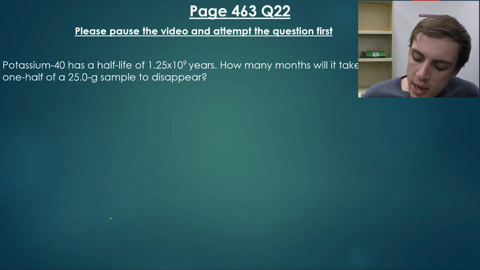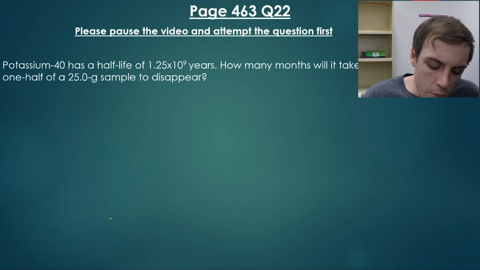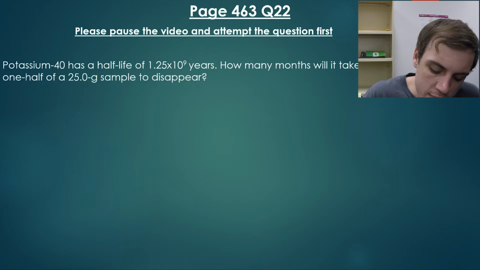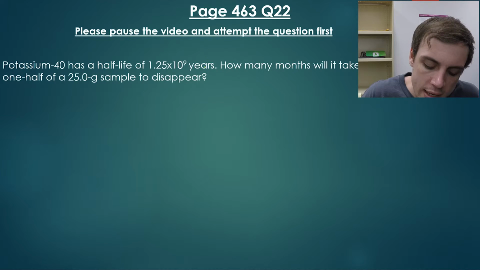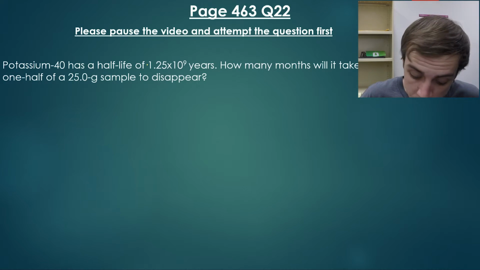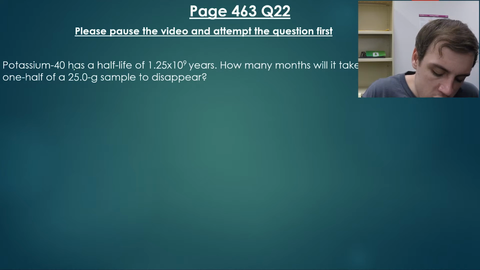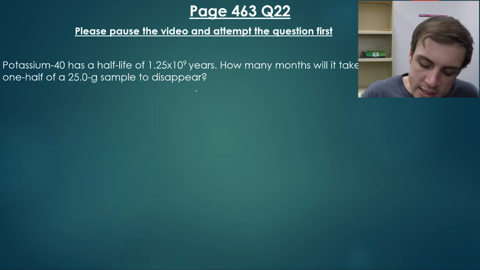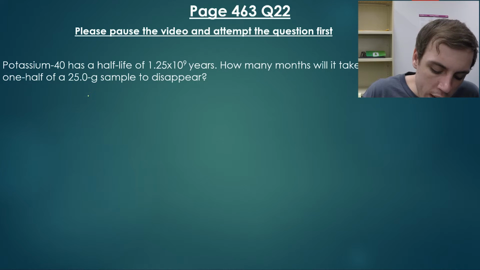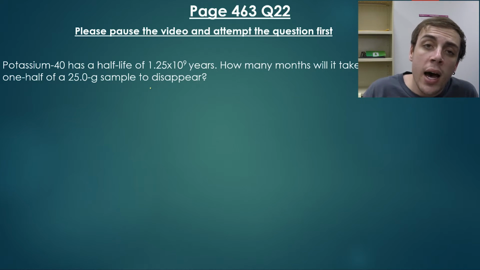Okay, so let us look now at question 22. Potassium-40 has a half-life of 1.25 times 10 to the 9 years, so a long time. How many months would it take for 1/2 of a 25-gram sample to disappear? So we know that it has a half-life of 1.25 times 10 to the 9 years. How many months would it take for 1/2 of this sample to go away? That is 1 half-life.